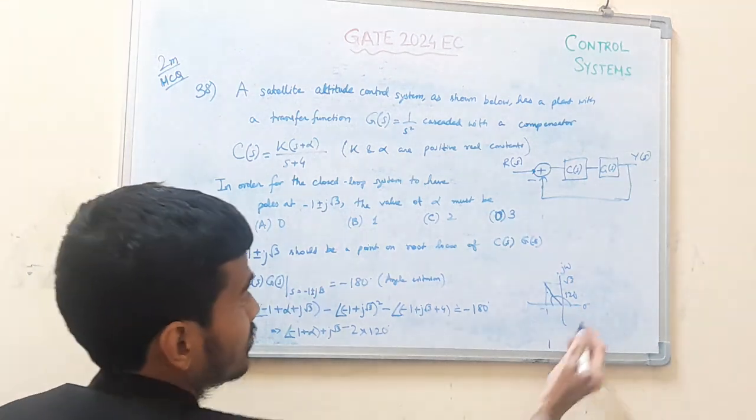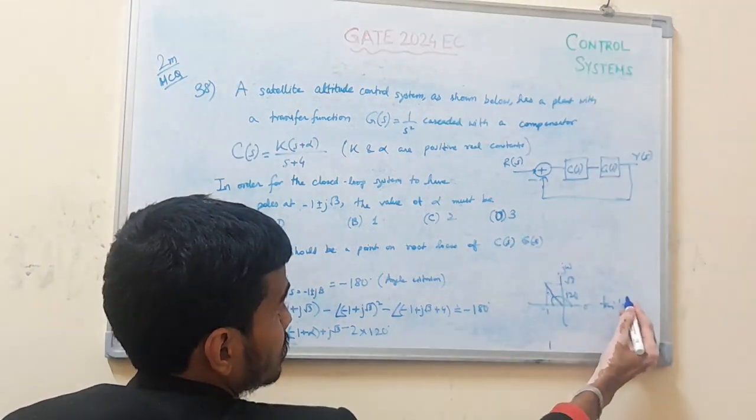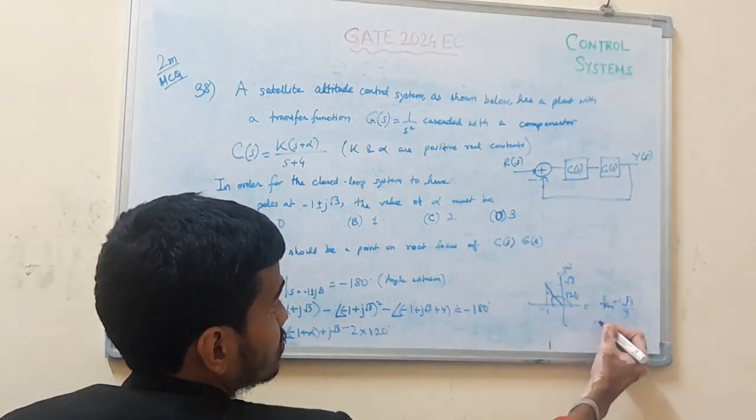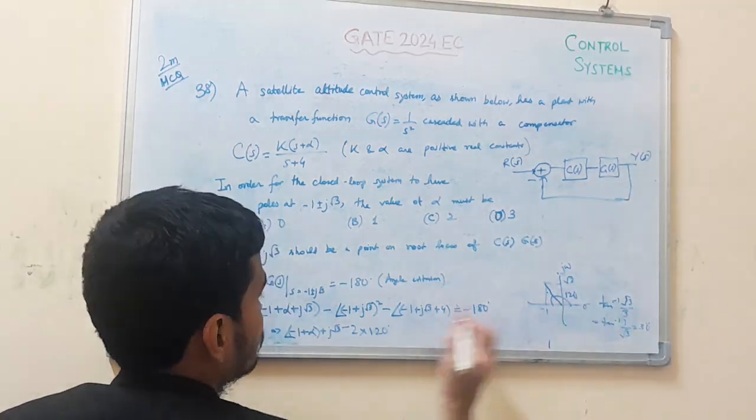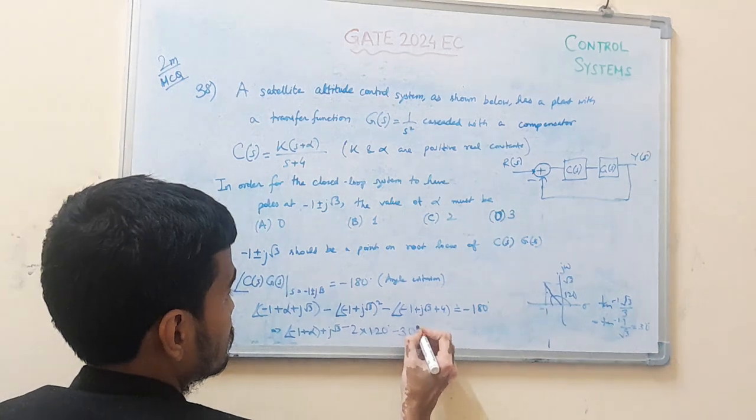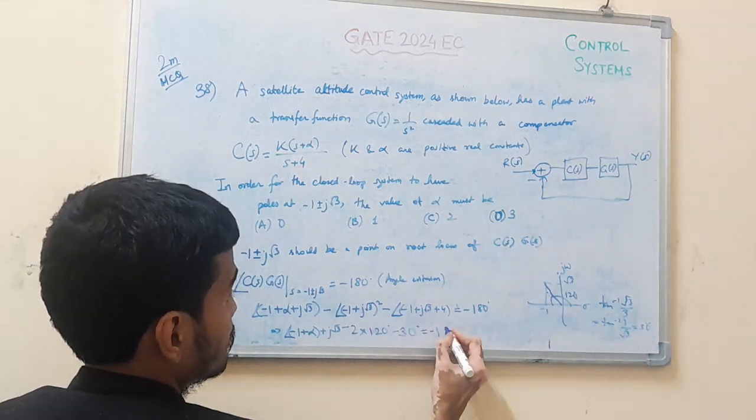The angle is tan inverse of √3/3, which is tan inverse of 1/√3, which is 30 degrees. So it will be minus 30 degrees, equal to -180 degrees.